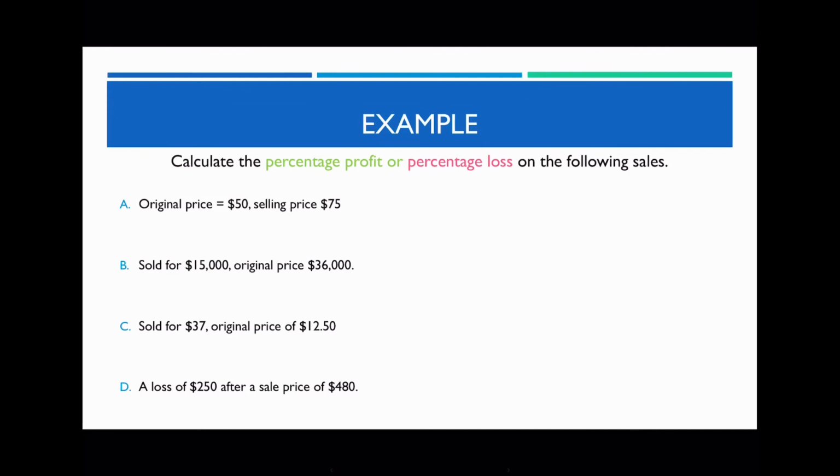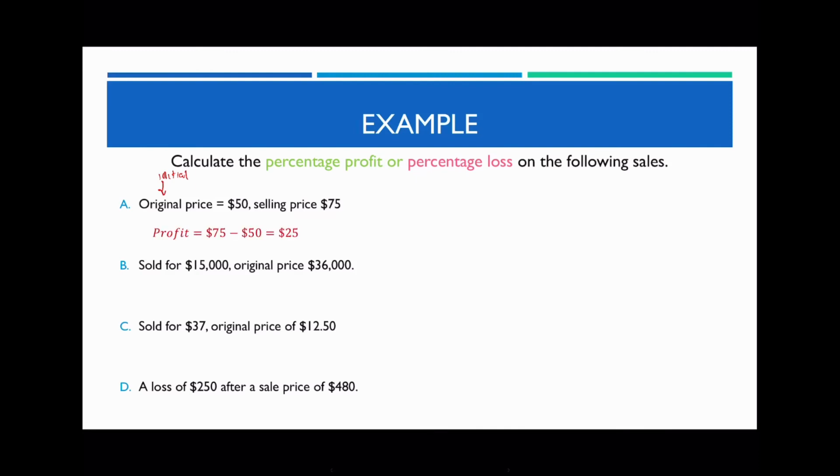So first question, calculate the percentage profit or percentage loss on the following sales. Now, it's really important that you identify whether this is a profit or a loss. So for the first part, original price is 50. So that's the initial starting amount. Selling price is 75. So that's your final amount. Because your final amount is larger than your initial amount, this is an example of earning profit.